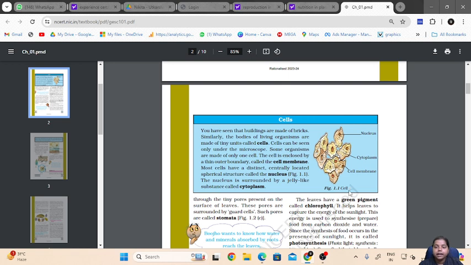Inside the cell membrane there is a gelatinous structure, that is called the cytoplasm, and inside the cell there is this brown dot, which you all can see here, right? This brown dot is called the nucleus. Understood? These are the cells.